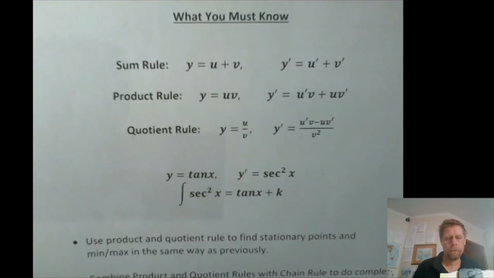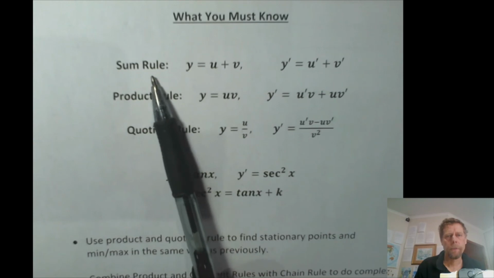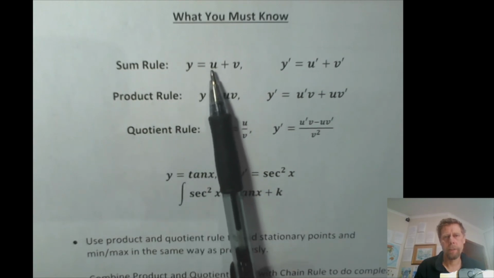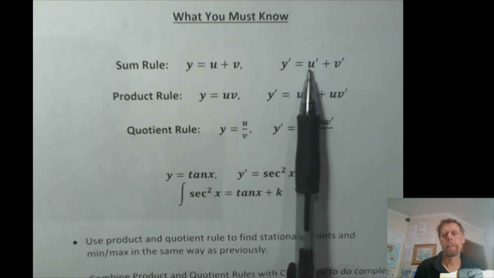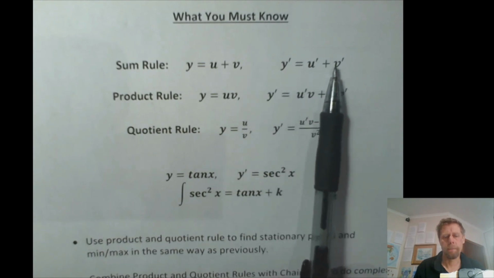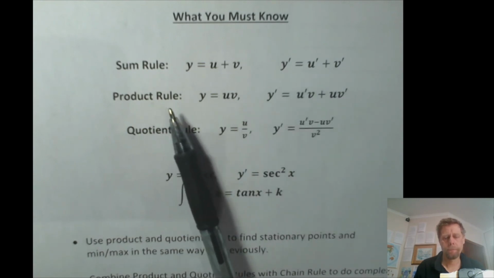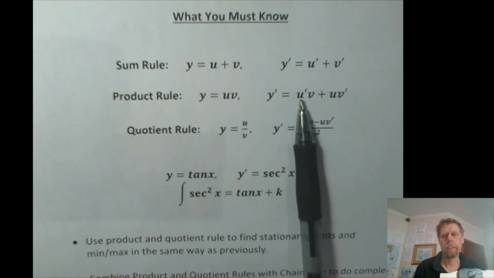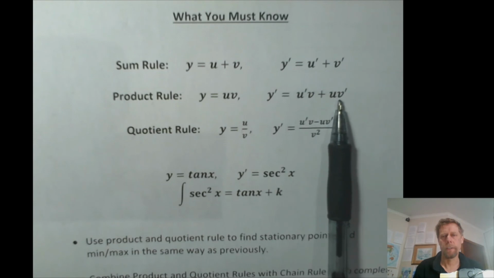Here's what you must know from this section. First of all, there's the sum rule, which says if you have y equals the sum of two functions, u plus v, then y dash equals u dash plus v dash. Then we have the product rule, y equals u times v, then y dash equals u dash v plus uv dash.